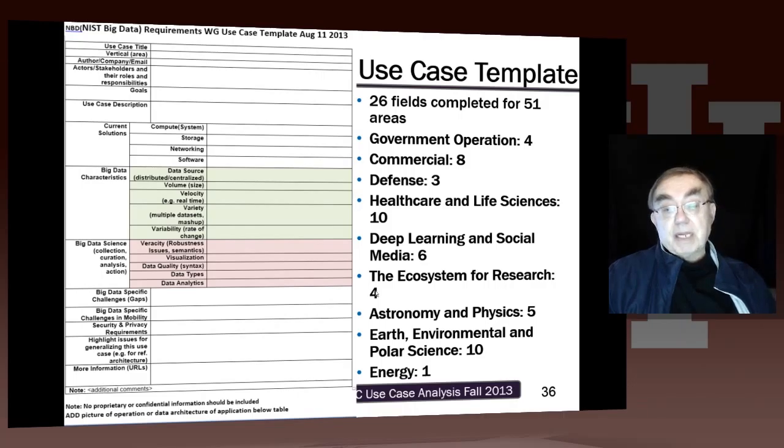They're a bit of a grab bag, but research in big data needs an ecosystem. Then we have 5 in astronomy and physics, and 10 in earth, environmental, and polar science, and 1 in energy. These numbers should not be taken seriously as to the importance of big data in certain areas.